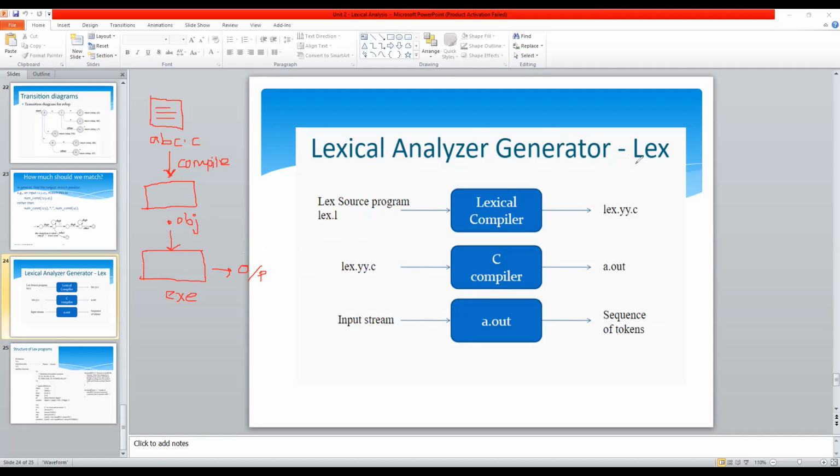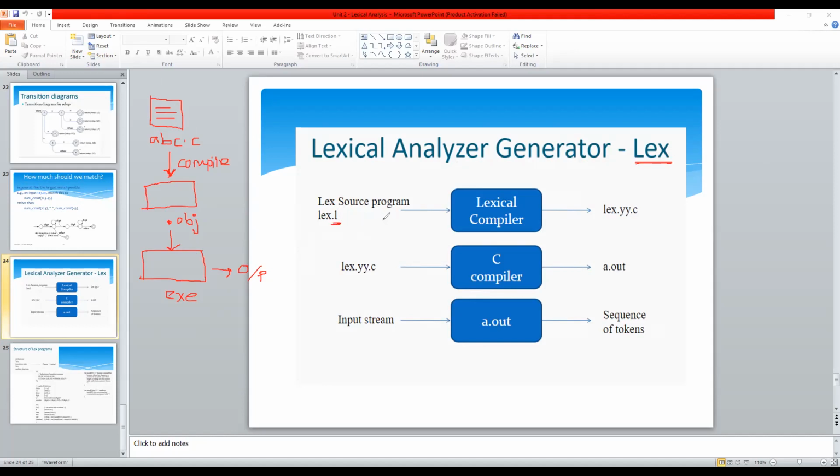Similarly, Lex is also a tool, and Lex has its own routine, or we can say the steps to execute a Lex program. So this is the lexical analyzer generator Lex. Here the source program is stored with the .l extension.